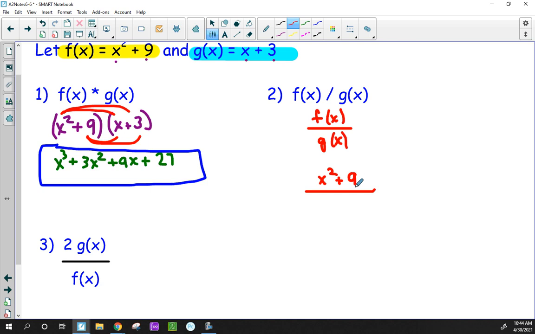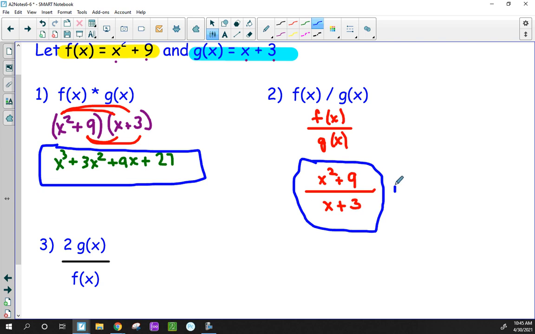The g function becomes the denominator of this fraction or this division problem. And with division, what happens a lot of times is once you write it down, that pretty much will be your answer, especially when there's two terms on the bottom. You can't divide just x squared by x and 9 by 3 because this is a complete binomial. And so this would be the quotient.